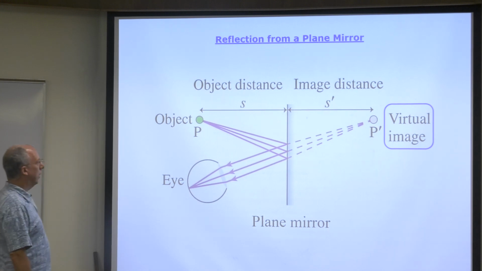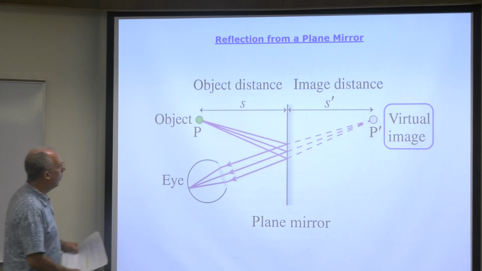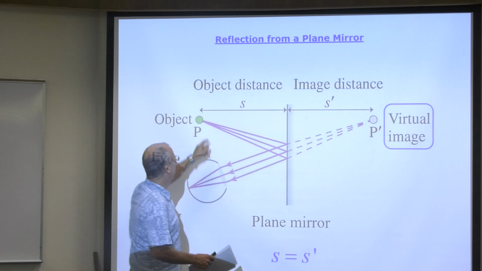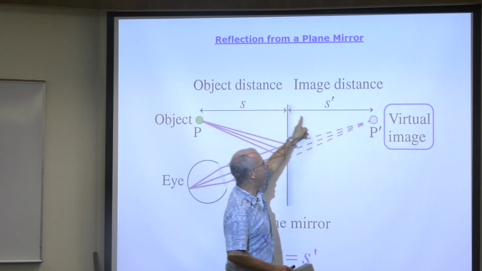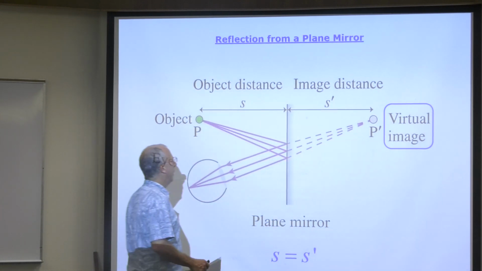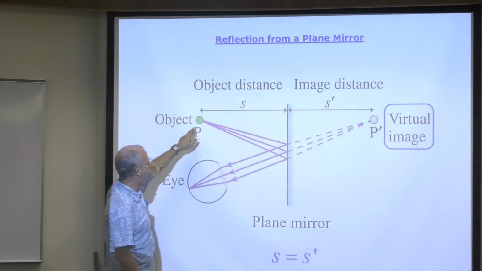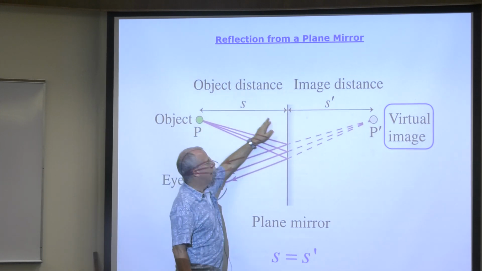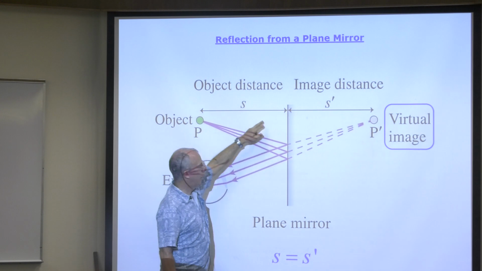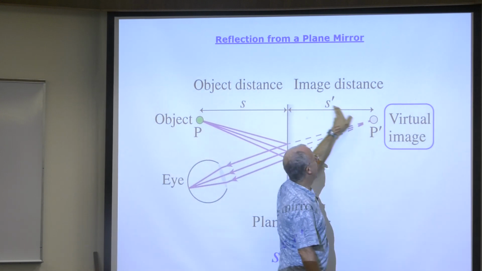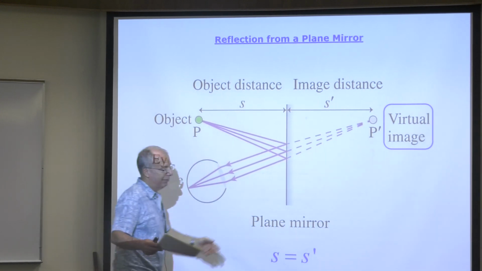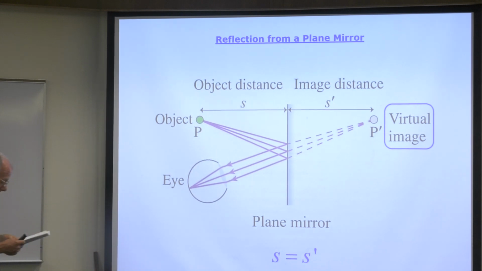What else do you notice? Hopefully you'll notice that this distance is that distance. This is called the object distance, S. This is called the image distance, S prime. So S equals S prime.